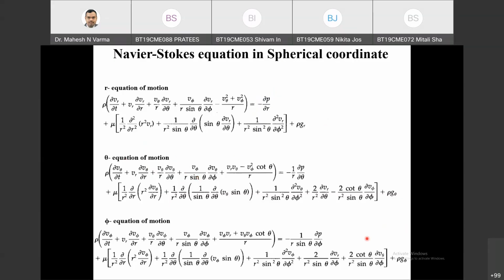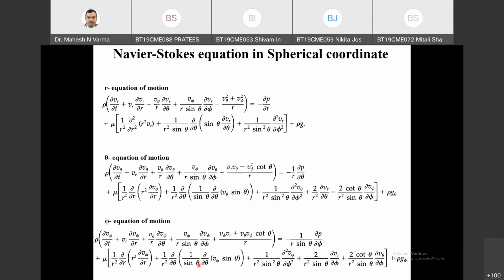Sir, the same thing. Same thing. This will give me the variation of pressure with respect to theta. We'll get the pressure variation with respect to R from the first, and the pressure variation with respect to theta from this.